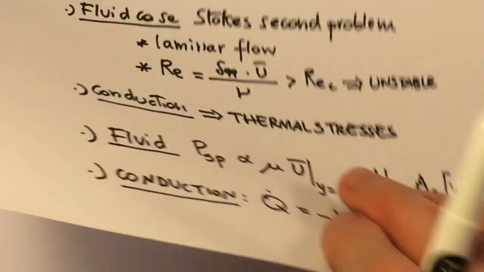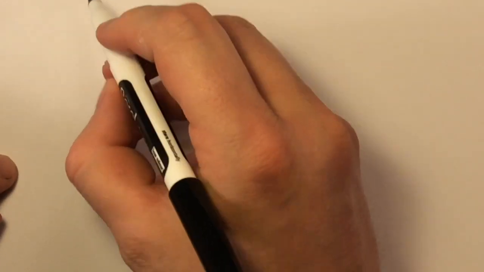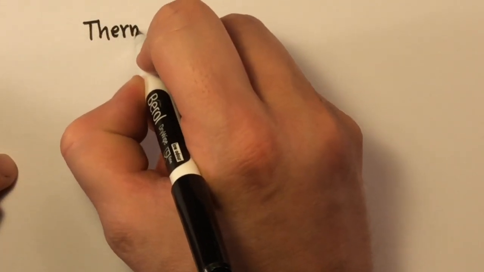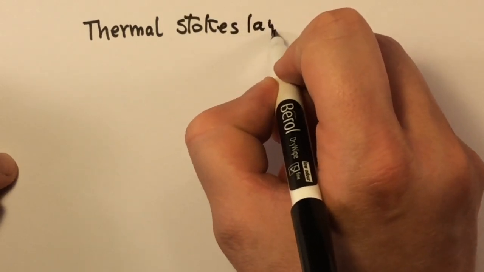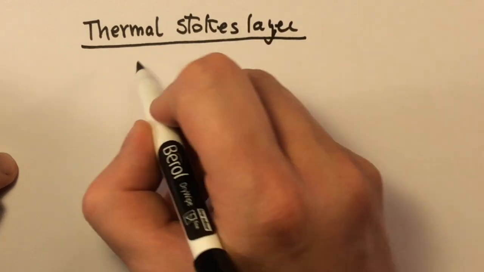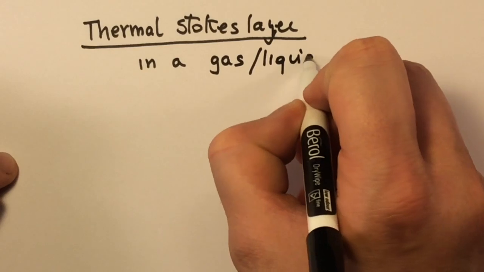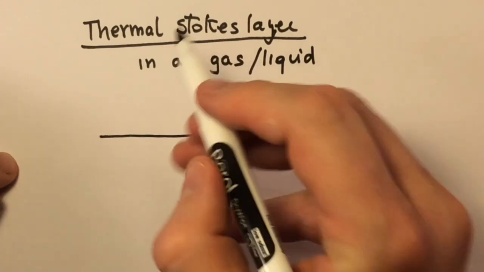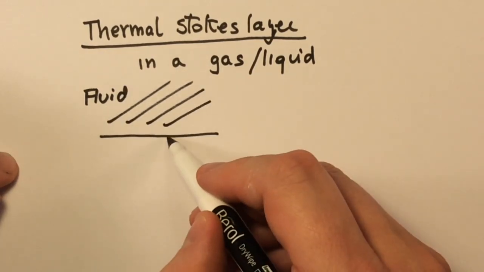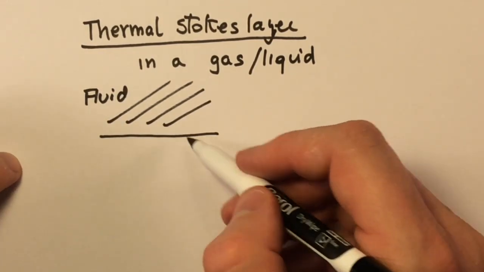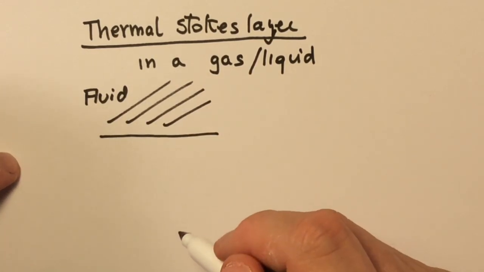And the final comment is that we can have a thermal Stokes layer also in a gas or a liquid. So we can have the fluid here, and the temperature at the wall varies sinusoidally and induces a temperature gradient inside the fluid.